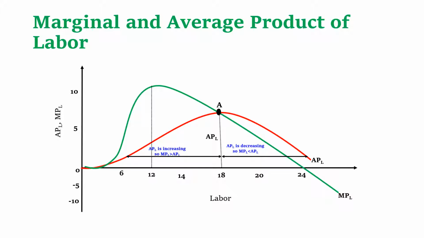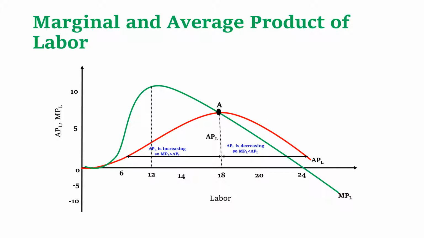Because it is decreasing, the marginal product of labor is less than the average product. Over the range where the average product is declining, the marginal product is below the average product of labor. And over the region where the average product is increasing, the marginal product is above the average product of labor. This is why we say these curves are all U-shaped.